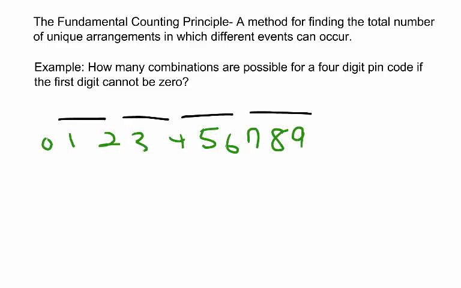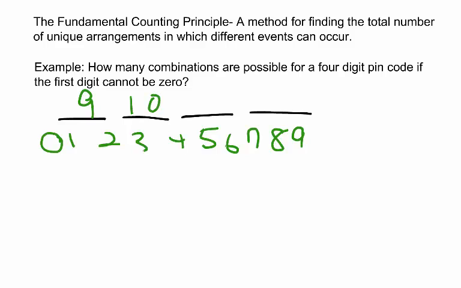Since we can't use a 0 for the first digit in our PIN code, we'll take a look at what's left. What's left are 9 possible outcomes. So that goes here in the first spot. Next, we want to know how many possibilities there are for the second spot.